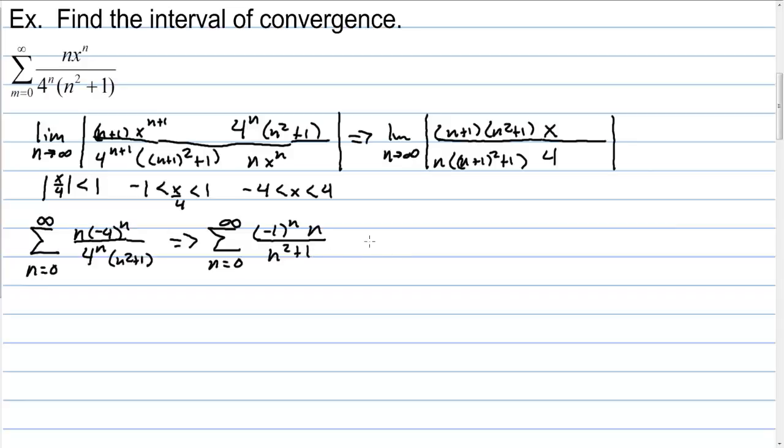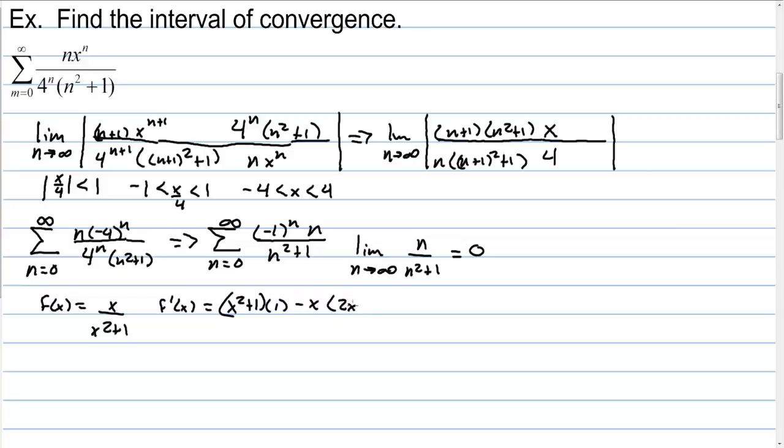Now this is an alternating series. So we have the limit as n approaches infinity of n over n squared plus 1, and that is equal to 0. Then if we say f of x is equal to x over x squared plus 1, f prime of x is equal to bottom times derivative of the top minus top times derivative of the bottom, all over the bottom squared.